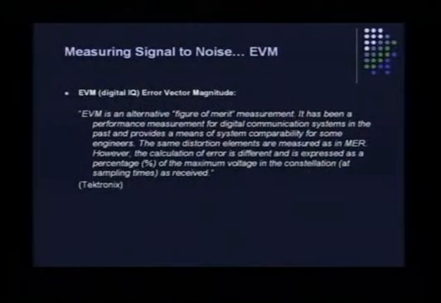An alternative, the EVM, error vector magnitude, is the same distortion measure as MER, just a different manner to give the information.